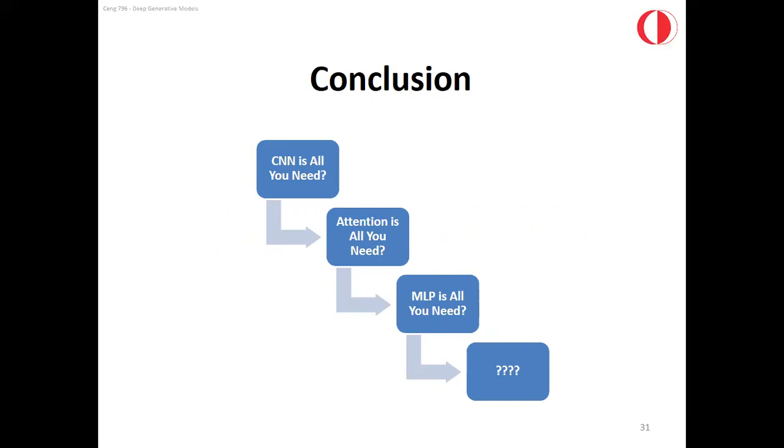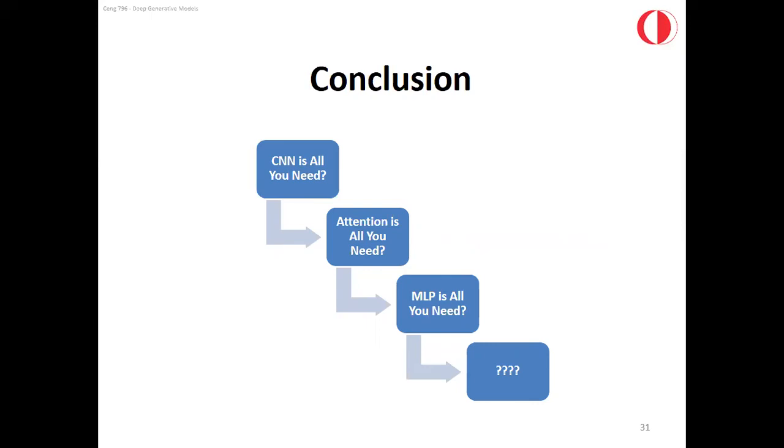But there is also another thing that I would like to say lastly. Firstly, we had convolutional neural networks, and everyone said that convolution is all you need. But after the transformers paper, attention became our all you need. A couple of days ago, another paper was published by Google, and it says that MLP is all you need.